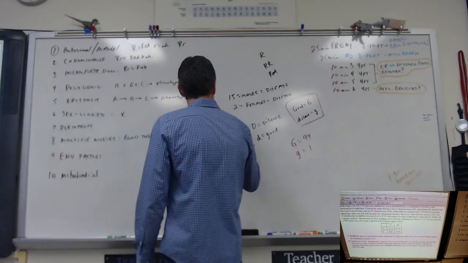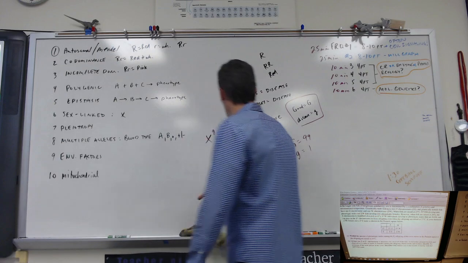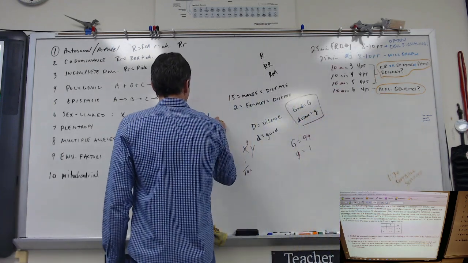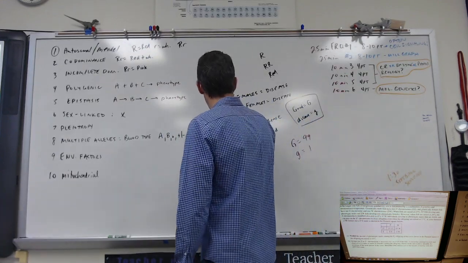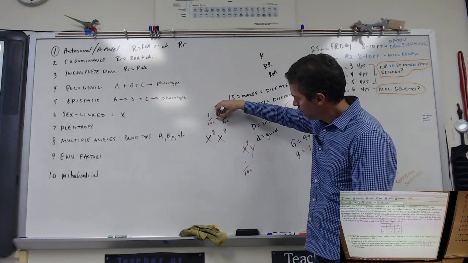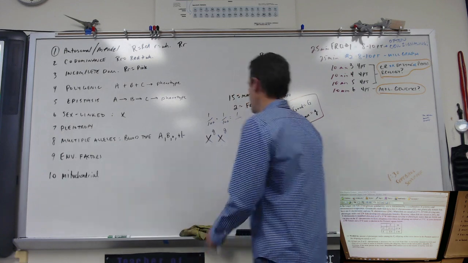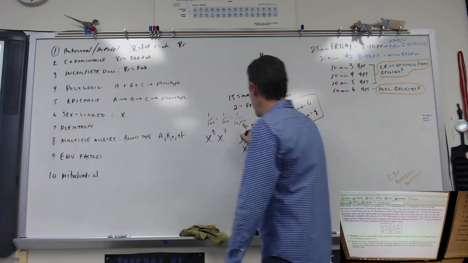For a female to get the disease, she has to be little g, little g. What are the odds that she gets that little g? 1 in 100. What are the odds that she gets both? Multiply. So that's 1, and then 4 zeros. So 1 out of 10,000.